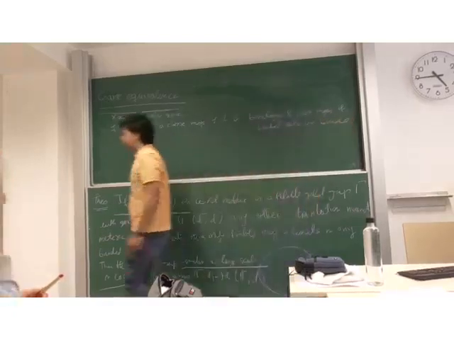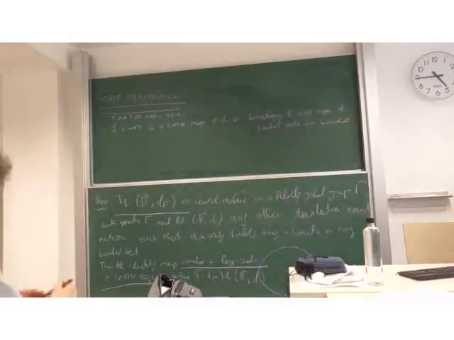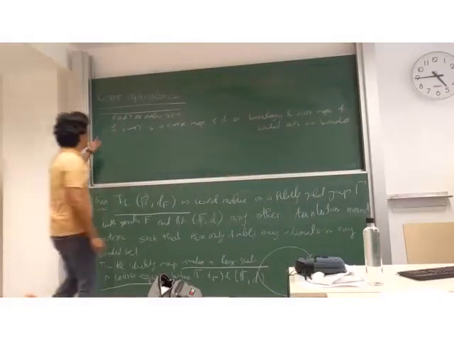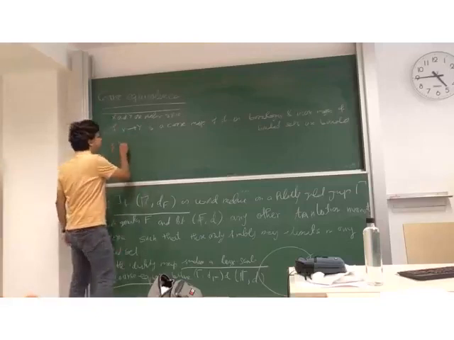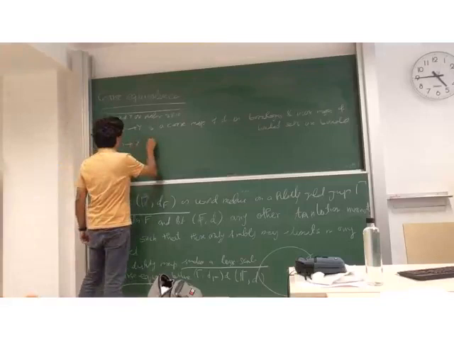Right, so this is what we define to be a coarse map. So suppose we are given f from X to Y a coarse map, and g from Y to X is another coarse map.